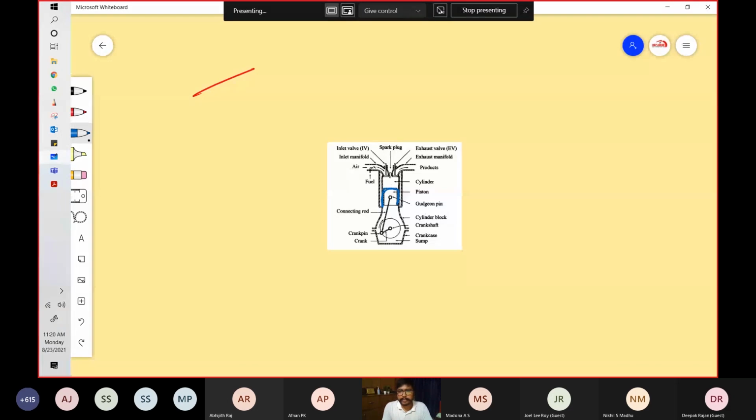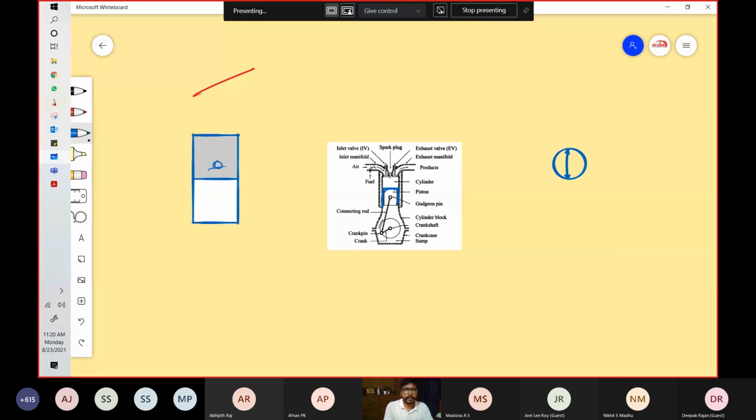So there is some area of this piston, and when we talk about this area, we are talking about the top of the piston, which would be something like this, a circular thing. So if we draw this circle on the piston, if you see, this is the piston front view, right?